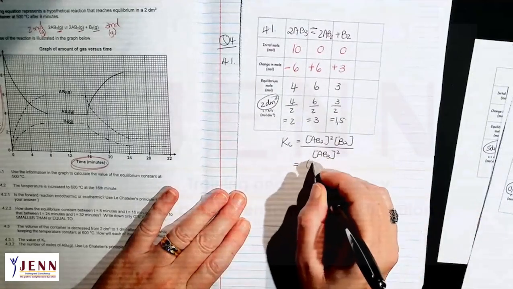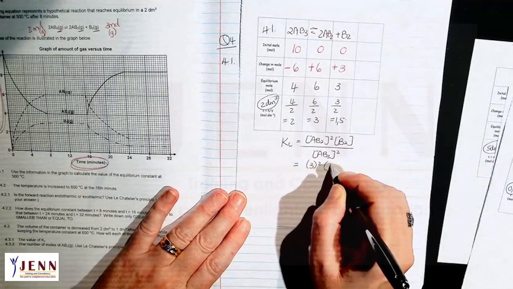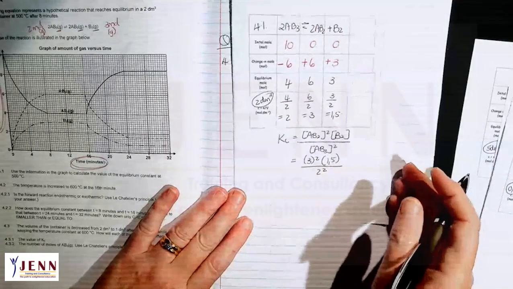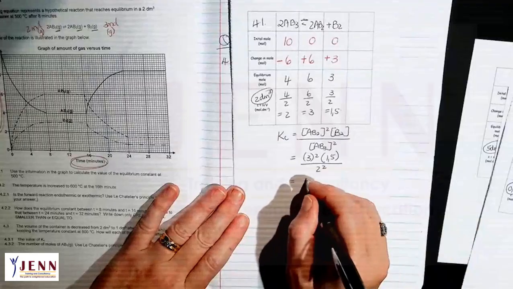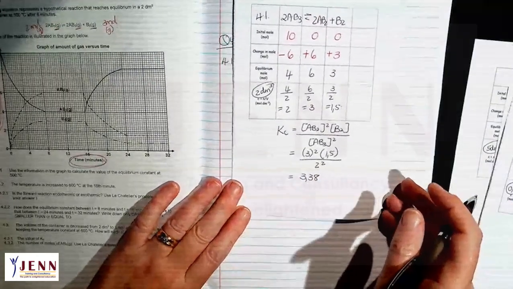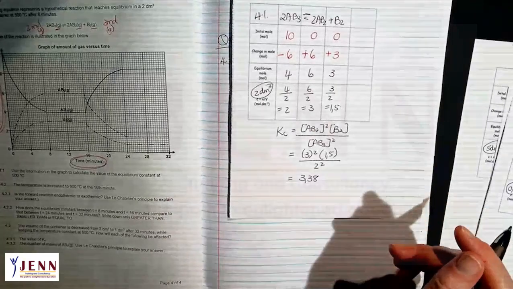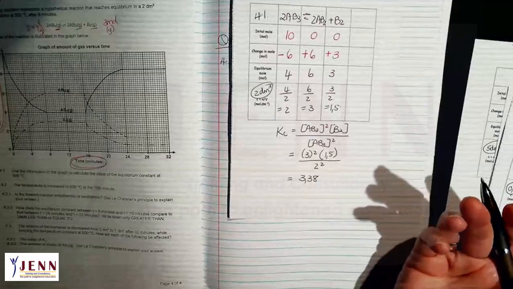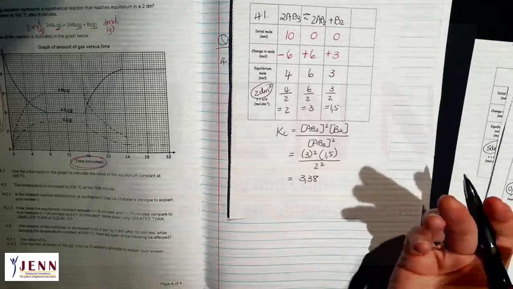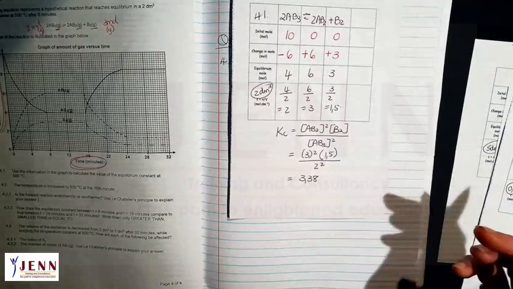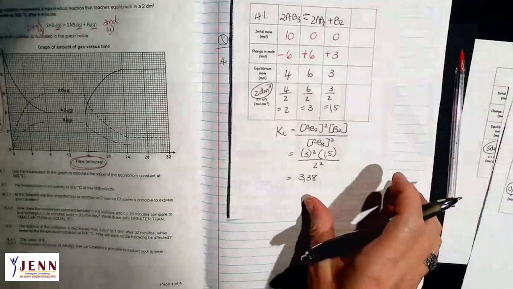So this will be 3 squared times 1.5 divided by 2 squared. So just make sure you put in the numbers correctly. And then I got 3.38. So in this case, you can use the table, or you could have done it without the table. It doesn't matter, because all the equilibrium moles were already given to you.